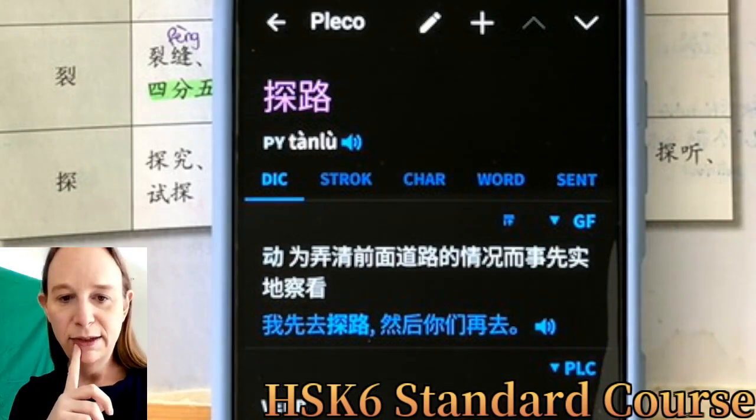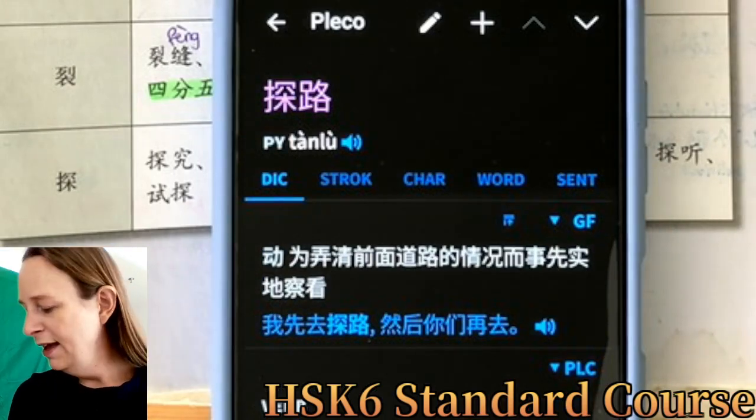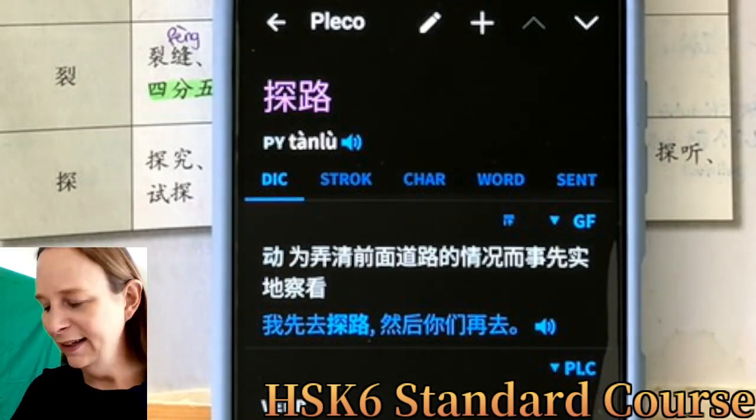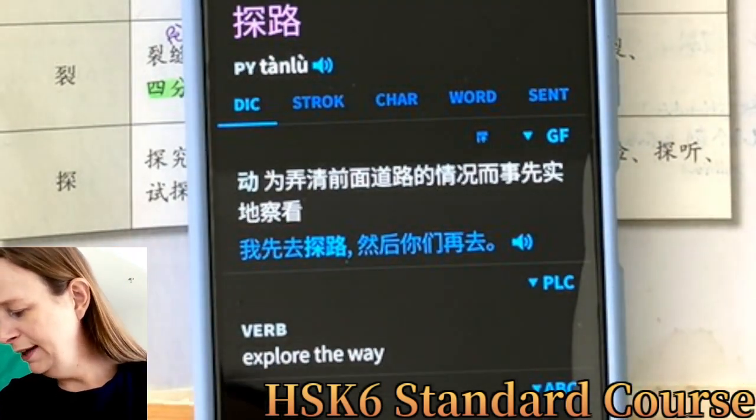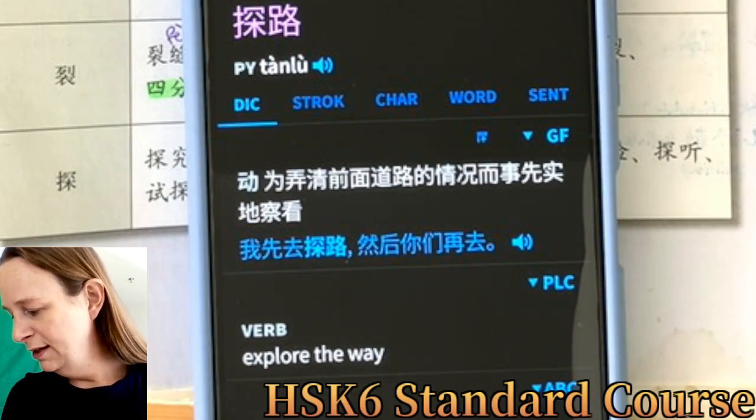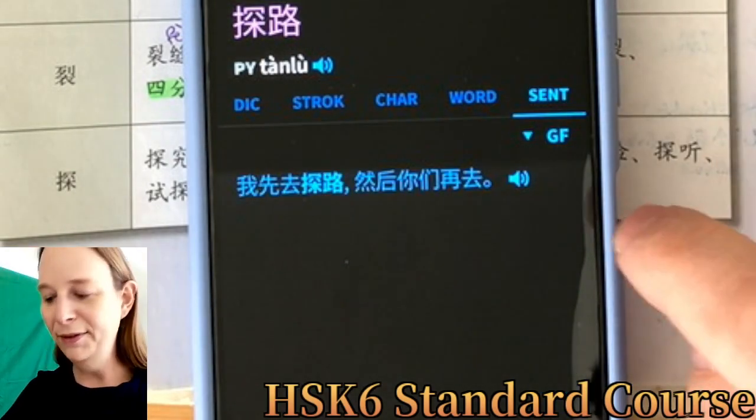Okay, that makes sense. 我先去探路, 然后你们再去. In English, you say scout. Use the word scout. So you're doing it for someone else. Doesn't look like a very common word.